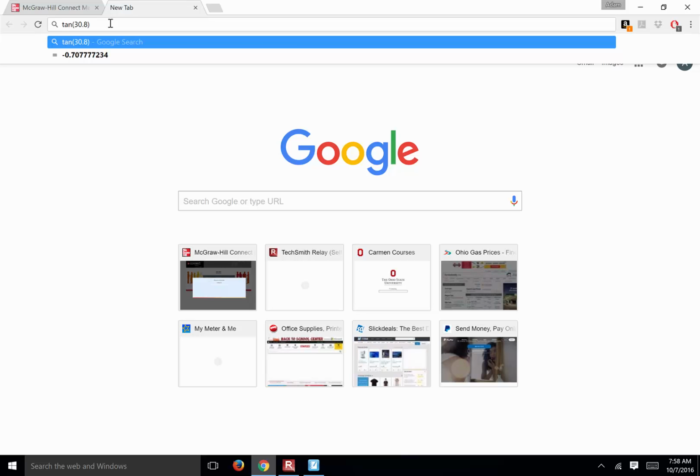I think the default value for Google is radian, but I know how to change this into radian. So if you don't like a degree value like 30.8, I want to change it to radian, and maybe your default setup for your calculators is again radian. If you don't want to change to degree, what do I need to do? How do I change degree to radian?